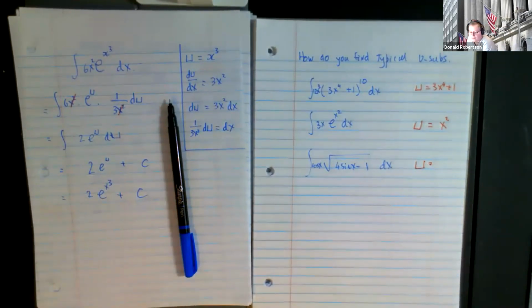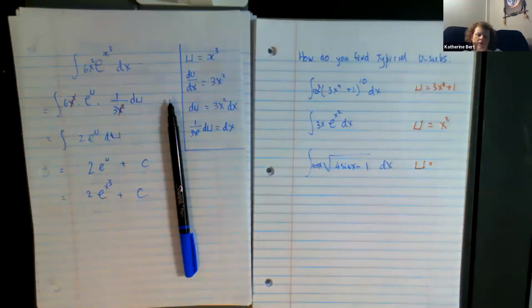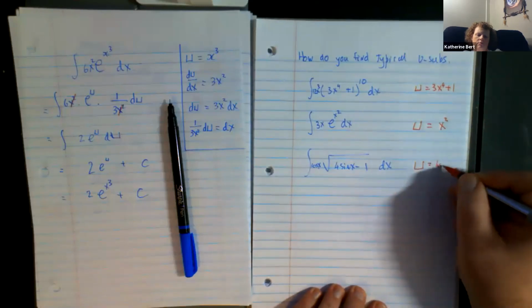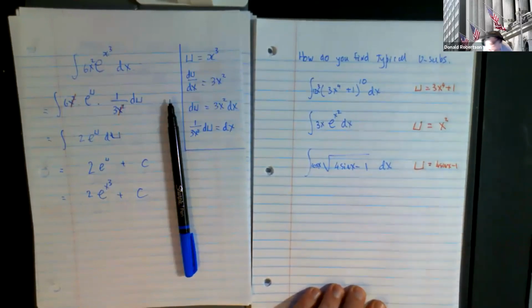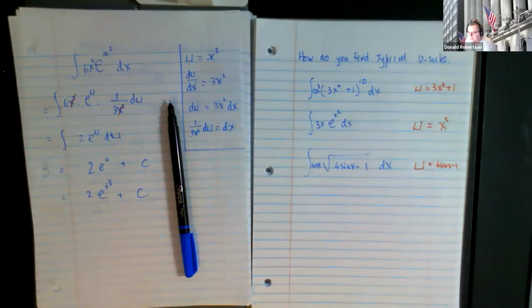Who do you think the u sub might be in this case? 4 sine minus 1. It is. So if you ever get an ugly square root, the ugly thing inside the square root is typically going to be your u sub. Now, you notice the word typical wasn't me just being vague.